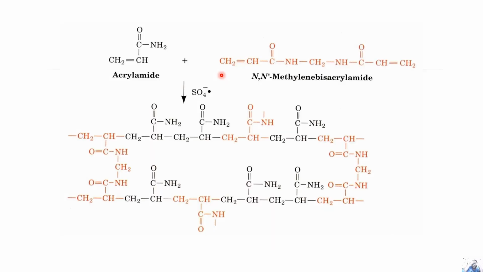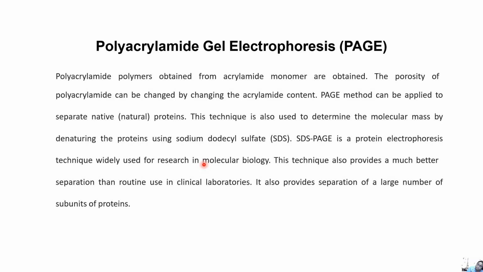Acrylamide and N,N'-methylenebisacrylamide come together and then cross-link, so polyacrylamide polymers are obtained from acrylamide monomer. The porosity of the polyacrylamide can be changed by changing the acrylamide content.